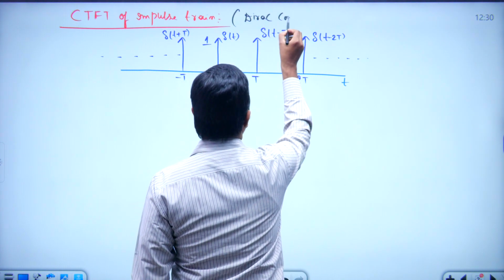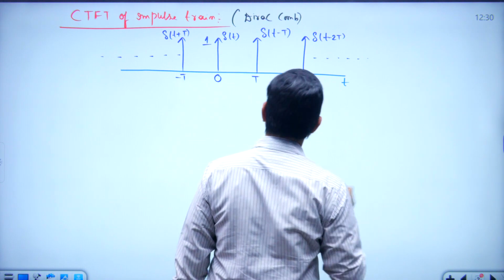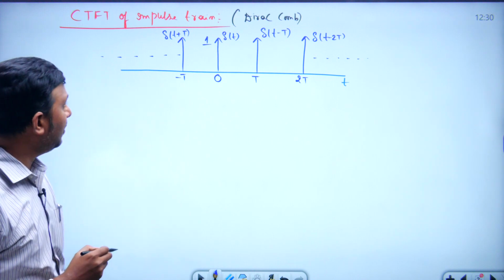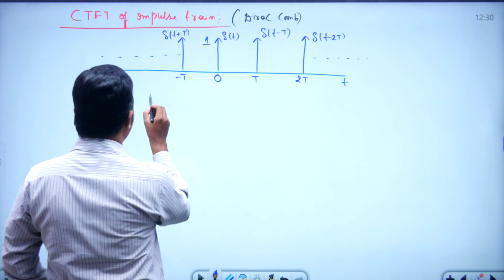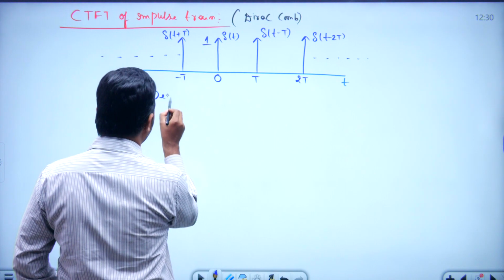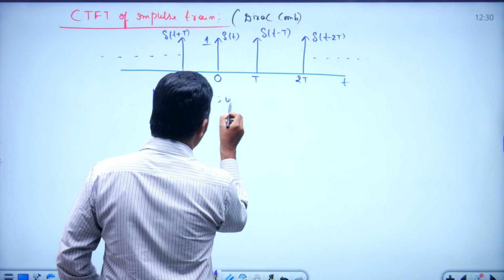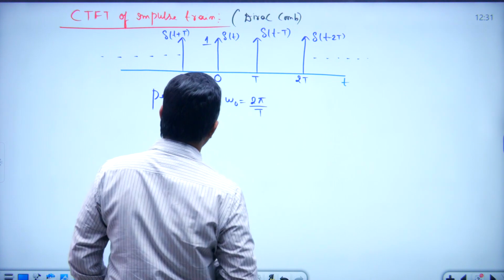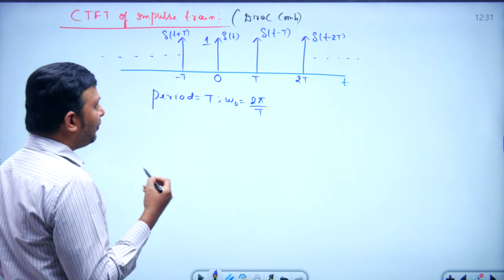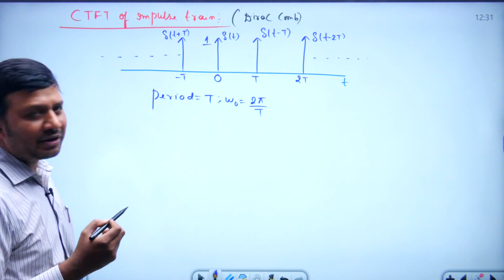If you observe this signal, this is a periodic signal. Now let us find the continuous time Fourier transform. For that, first let us calculate the period. The period is T, and omega naught is 2 pi by T. To calculate the continuous time Fourier transform, we must find the exponential Fourier series coefficient.